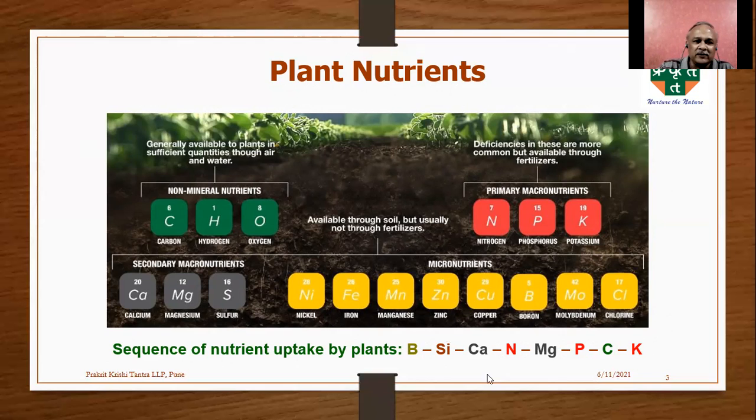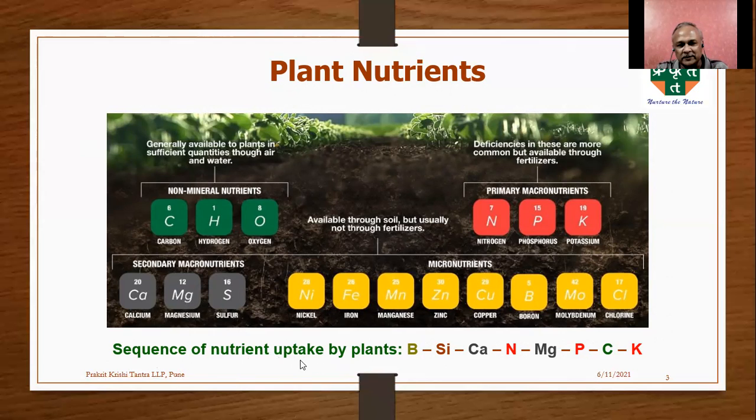So these are the nutrient elements which are supposed to be present in optimum quantity for a plant to grow healthy. And the sequence of uptake of nutrients, here when I say uptake, it is actually the utilization.